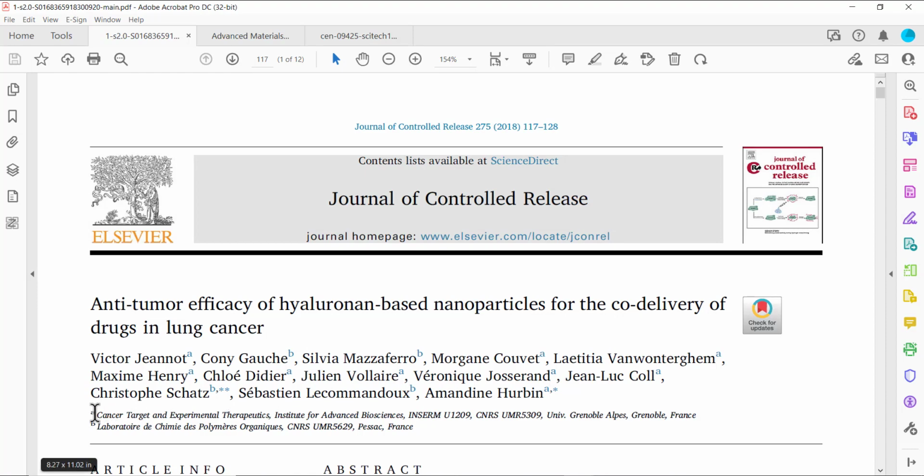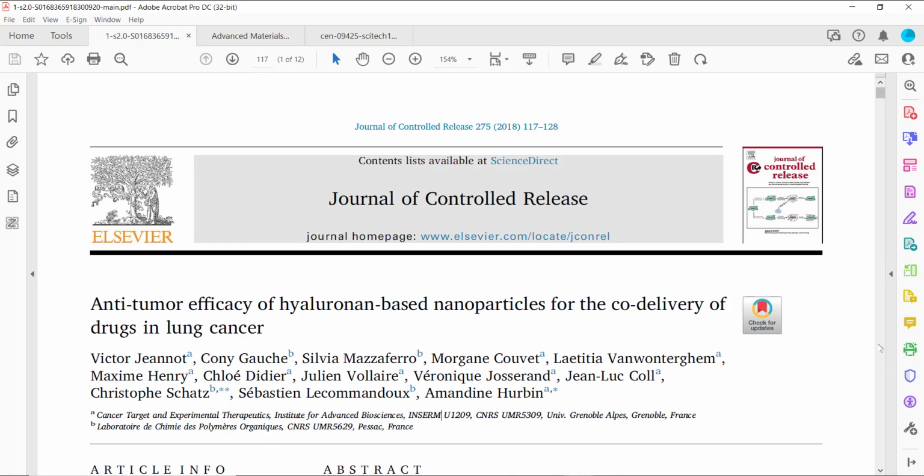This is telling me that all of the A folks are working at the University of Grenoble in France, and all the folks in the B group are working at, looks like a chemical laboratory dealing with organic polymers, also in France. So I know that this whole big group of people who worked on this are probably all either professors or otherwise professional researchers out in the field.